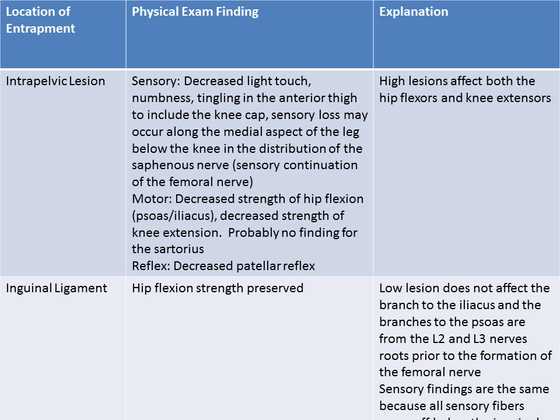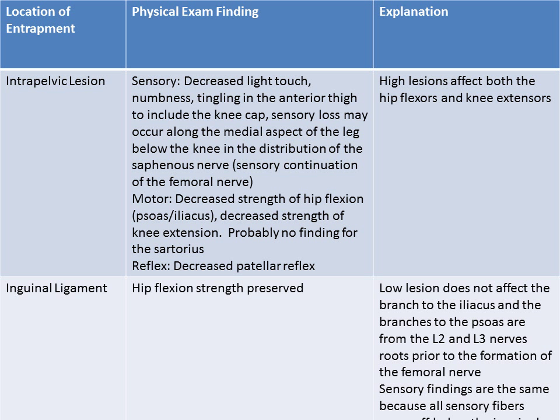They're going to affect those nerve roots prior to the point at which the motor branches come off to either the psoas or the iliacus. Now the femoral nerve does not actually form until below the motor branches to the psoas muscles.